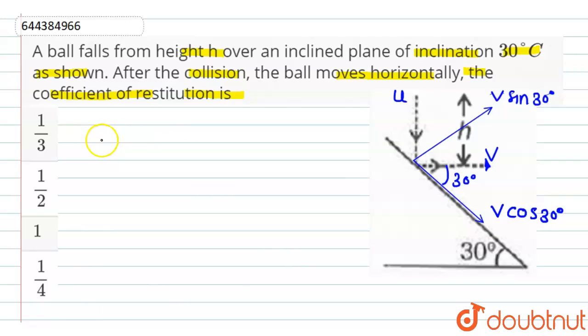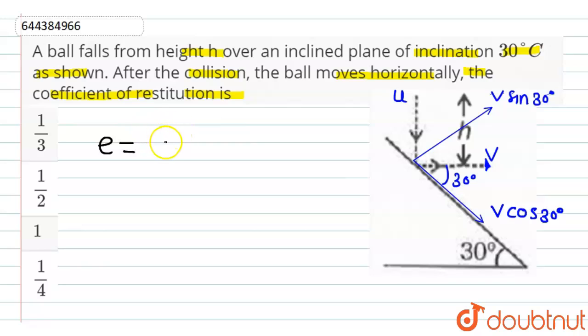Now here the value of coefficient of restitution, that is E, will be defined as the ratio of velocity of ball and inclined plane after and before the collision.